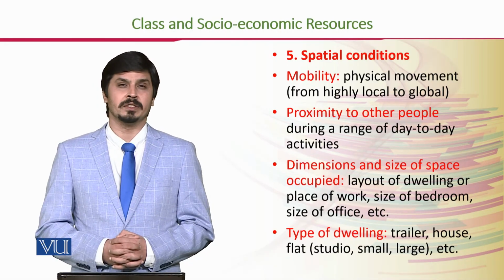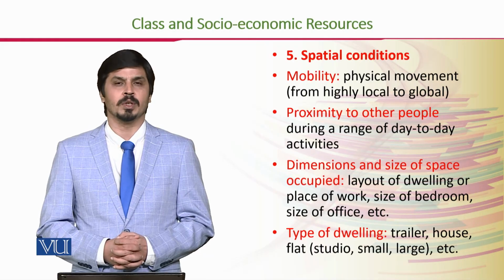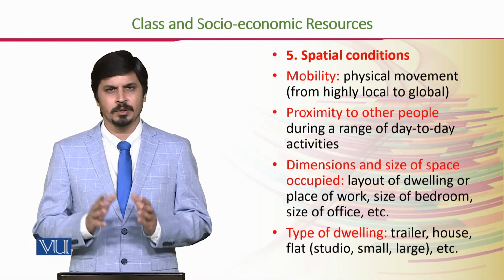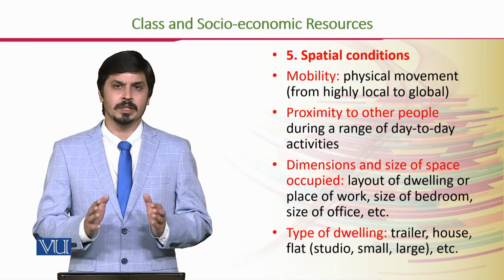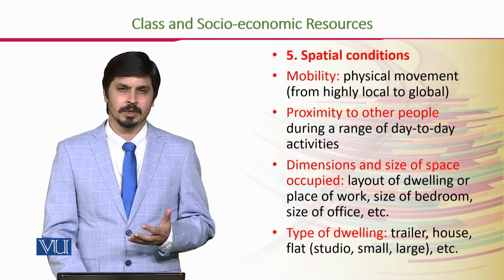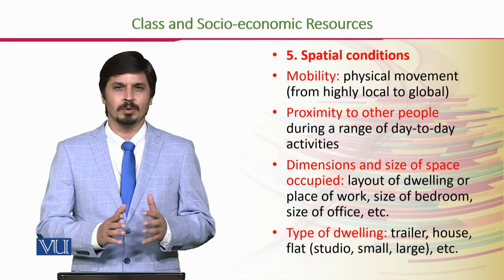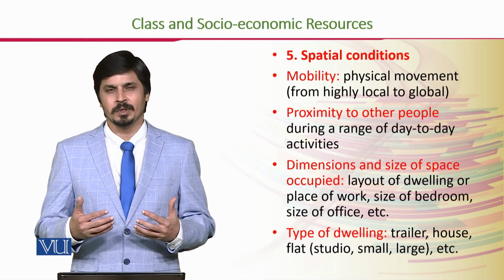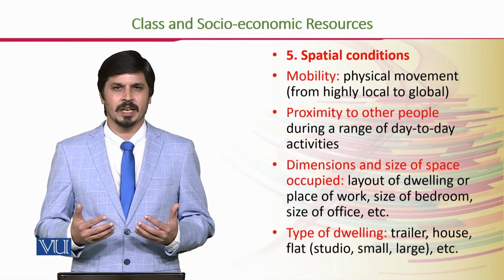Then dimensions and size of space you occupy, layout of dwelling, your place of work, where you work or where you live, they all matter. Then also the type of your house, how big is it, who has designed it, and all these matters. They're concerned, and they reflect on your class in a society.